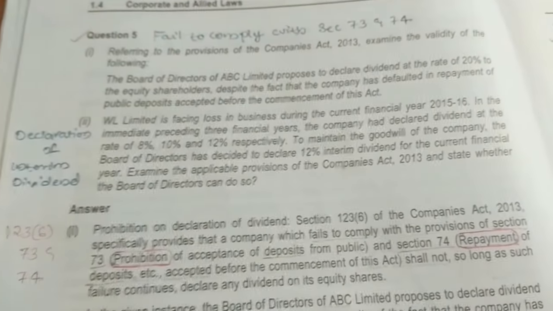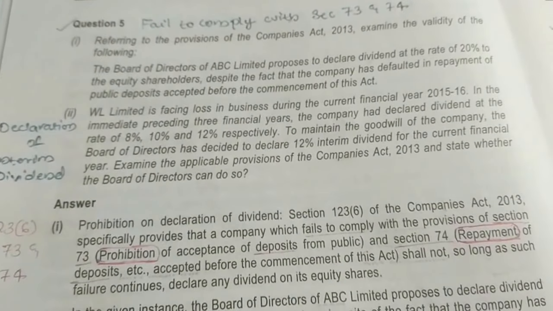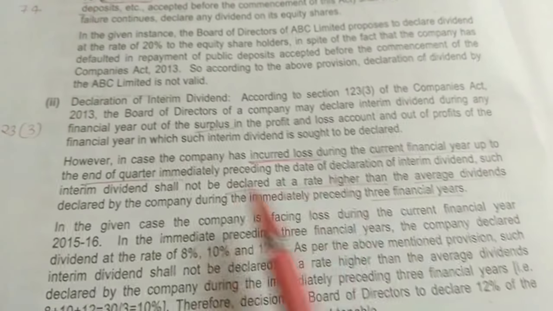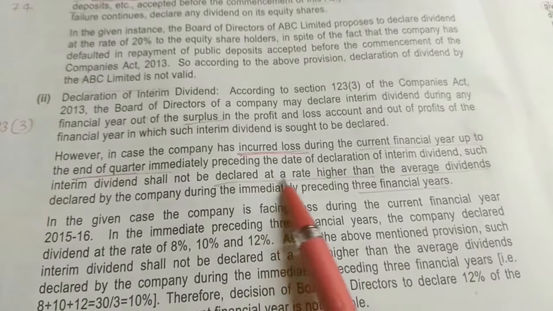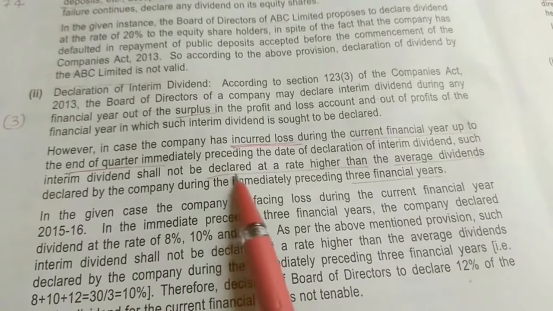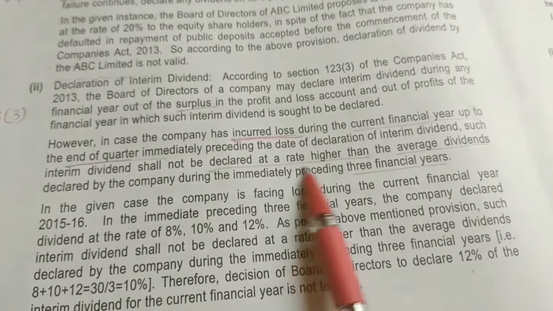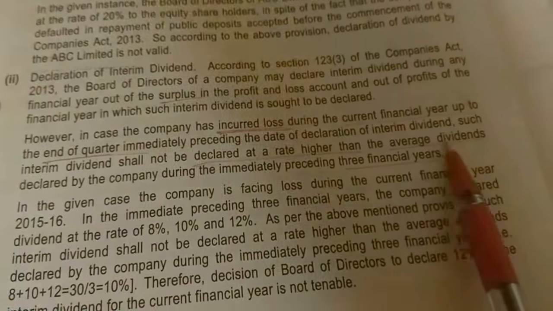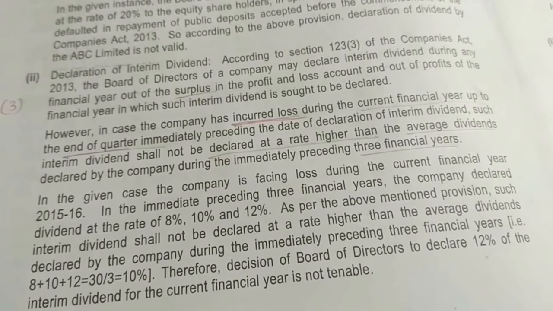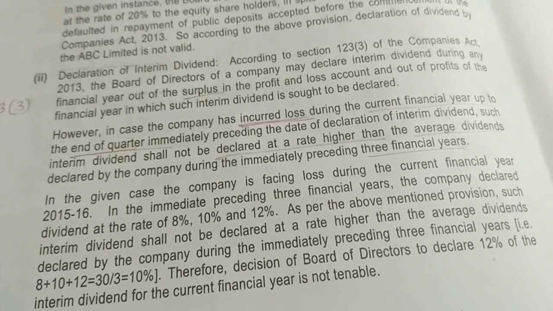And the second part is regarding the declaration of the interim dividend. If there is a loss incurred during the current financial year up to the end of the quarter immediately preceding the date of declaration of interim dividend, such interim dividend shall not be declared at a rate higher than the average dividends declared by the company during the immediately preceding 3 financial years.